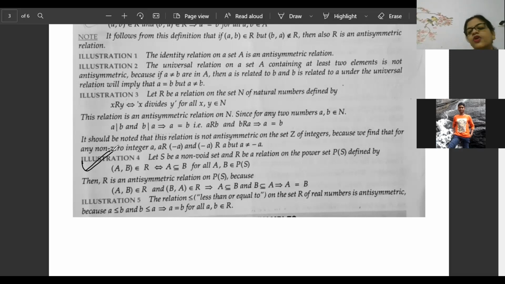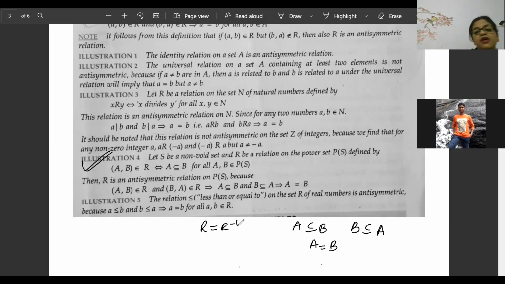From the power set, what you are doing, beta? Like the previous example I showed you, where the power set was there, we took 3 elements. So here, if we say that A is a subset of B and B is also a subset of A, that means A will be equal to B. You remember yesterday's class, we discussed R is equal to R inverse.